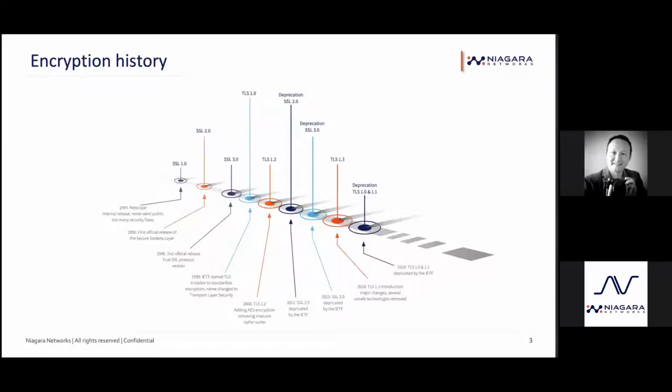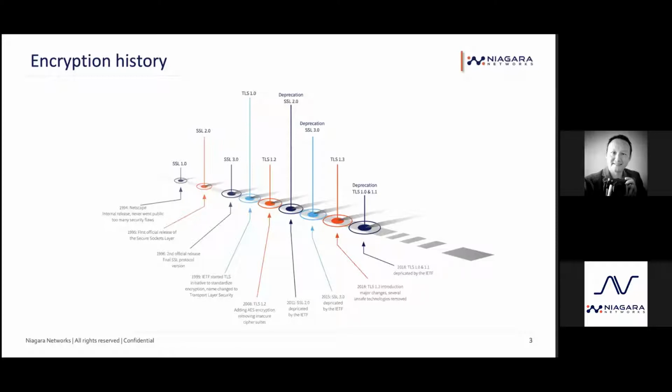So in 1994, Netscape started with encryption, at that time called SSL, Secure Sockets Layer, and actually SSL 1.0 never was released. The first official release was in 1995, SSL 2.0.